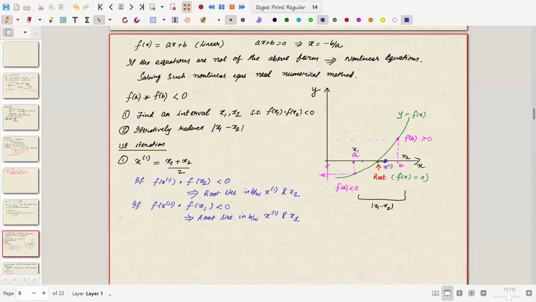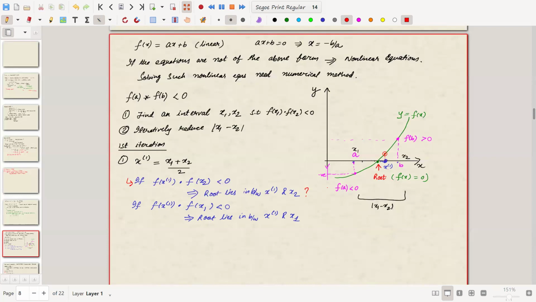Now, which case do we have here? Let us compute at x superscript 1 what is the value of f. It's positive, right? Because it is lying here. Now, is f of x superscript 1 into f of x2 less than 0? First step true. Is this one true? What do you think? Why?